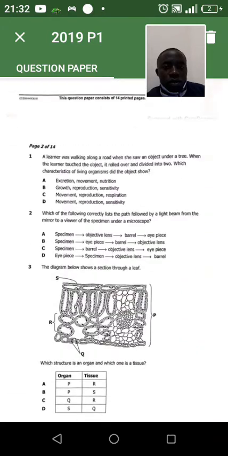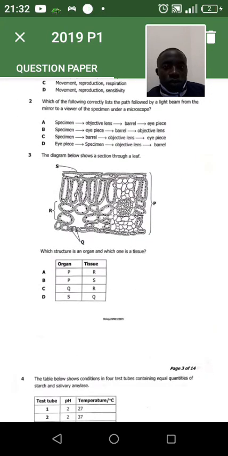Then question 2. Which of the following correctly lists the path followed by light from the mirror to a viewer of the specimen under a microscope? So there you have specimen, objective, barrel and eyepiece.